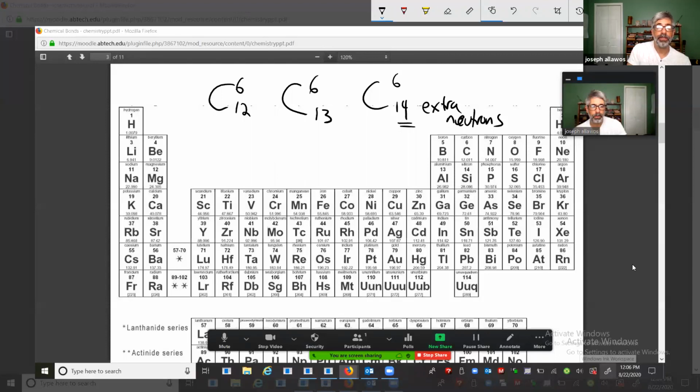Here we have 7, and then here is the stable form. So these are referred to as isotopes. Isotopes have extra neutrons in their nucleus, okay? So there's some interesting stuff about isotopes I want to share with you. They're unstable. That's one of the things to realize about isotopes.